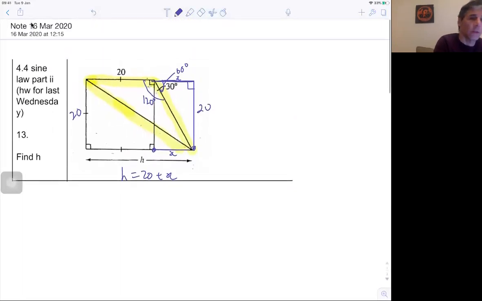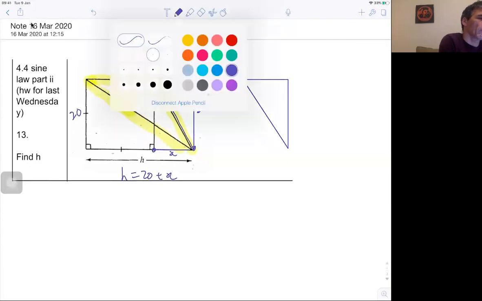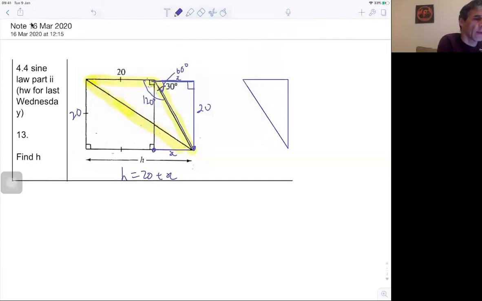Well, looking up here now at the triangle at the top, I guess we'll just leave it in blue, coming along here. We reproduce that triangle over here. We've got a right angle here.